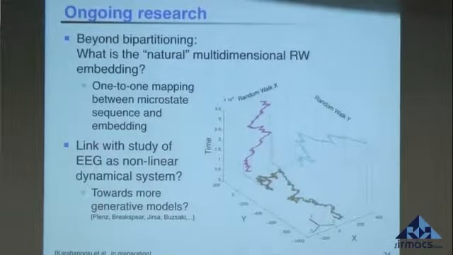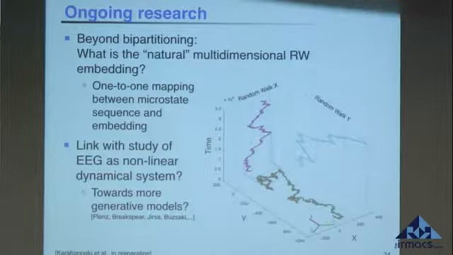Okay, I'd like to mention a little bit how we are trying to take this further now. We want to get rid of this bipartitioning, because I think it's not a very natural way of going from the EEG microstates to the random walk embedding.